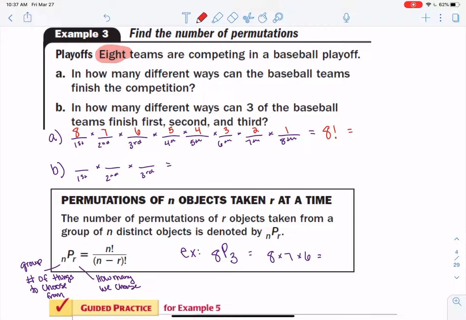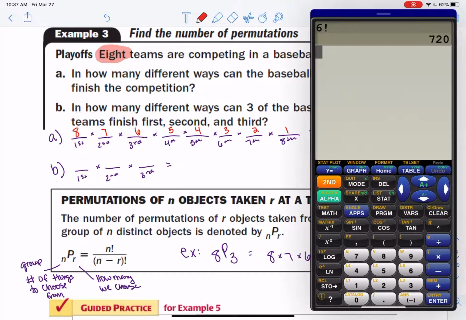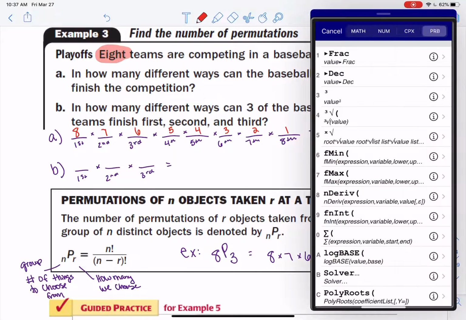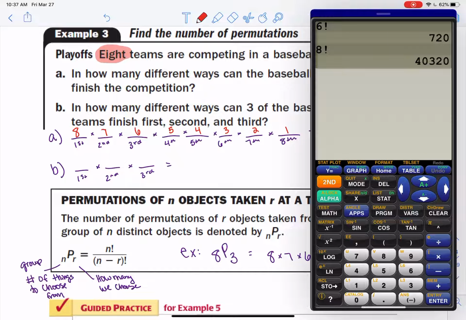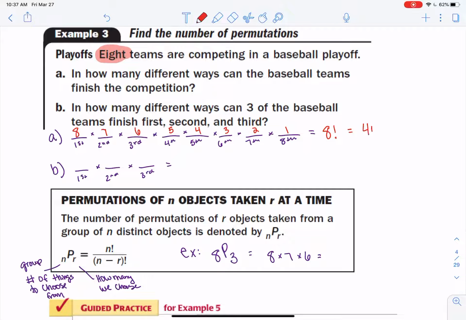Now we could just type in 8 times 7 times 6 times 5 times 4 times 3 times 2 times 1 in our calculator, or I can click 8, go to the Math button, over to the probability, click the 4, and our answer would be 40,320. For part B, this one just wants to know in how many different ways 3 of the baseball teams can finish first, second, and third.